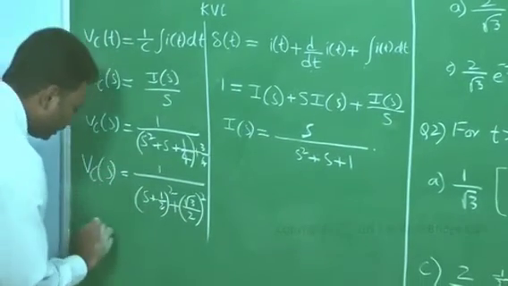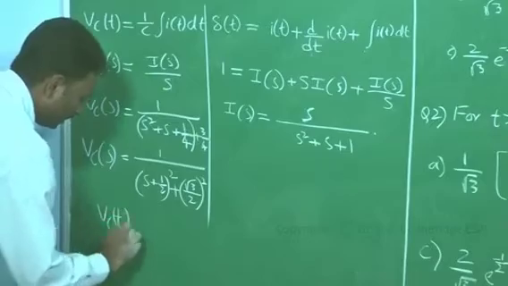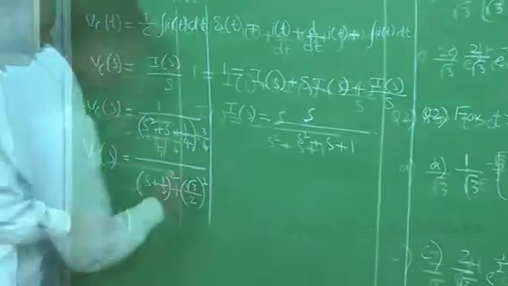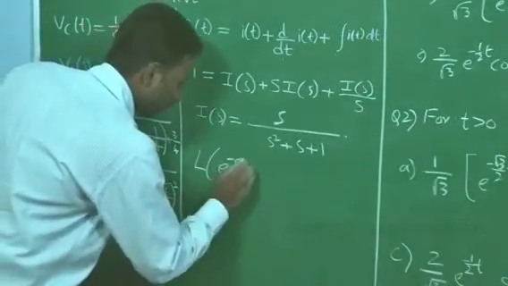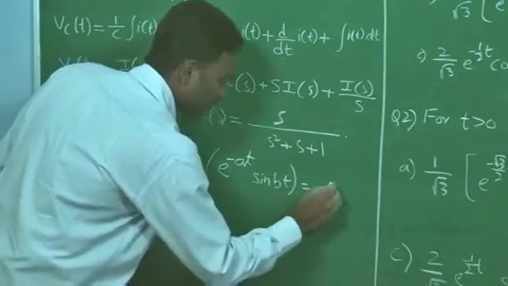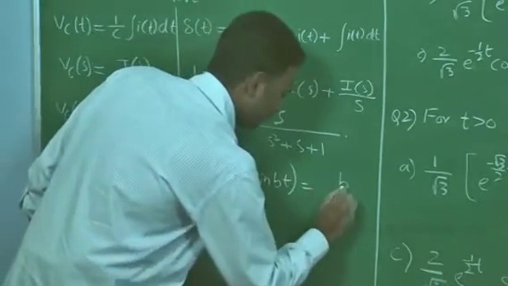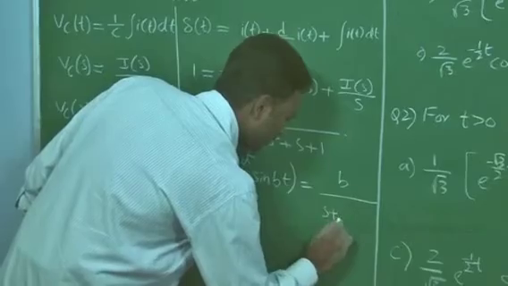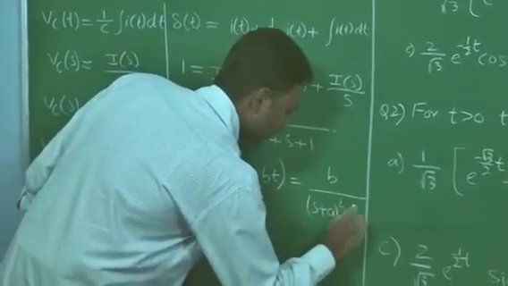From here we can write Vc(t), the inverse Laplace transform of this function. We know that the Laplace transform of e^(-at) sin(bt) is b/((s + a)² + b²).